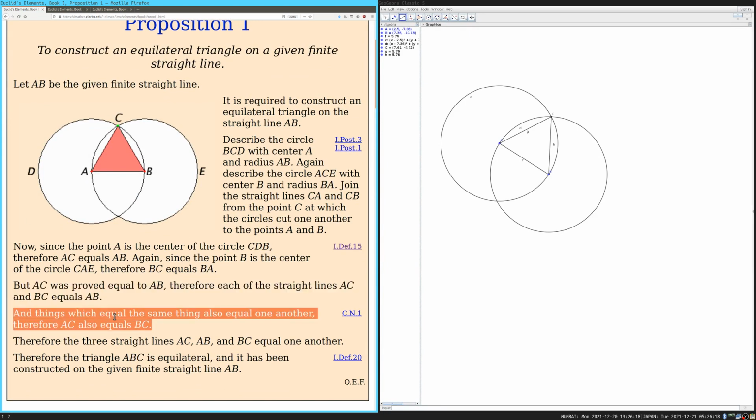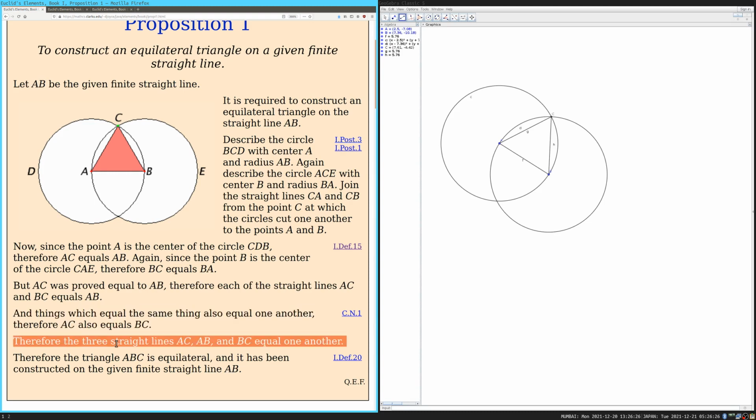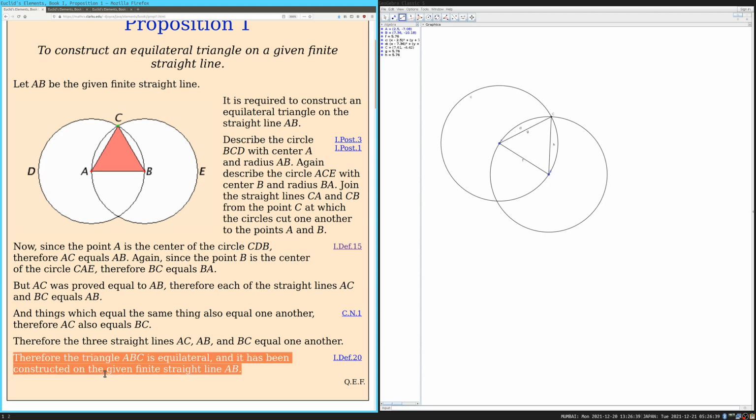And things which are equal to the same thing are also equal to one another, therefore AC also equals BC. Therefore the three straight lines AC, AB, and BC equal one another. Therefore the triangle ABC is equilateral, and it has been constructed on the given finite straight line AB.